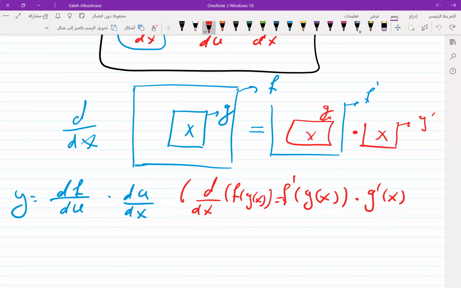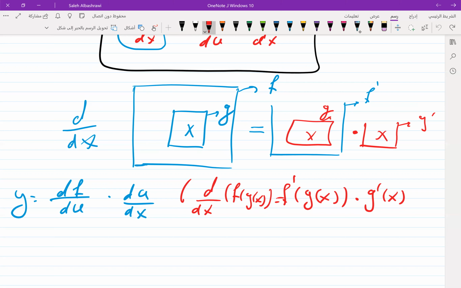Again, think that the two functions are two boxes. One box is inside another one, and to get the variable x, I will open the outer one, which is f prime. Then I will open the second box, which is g prime, the derivative of the second function.